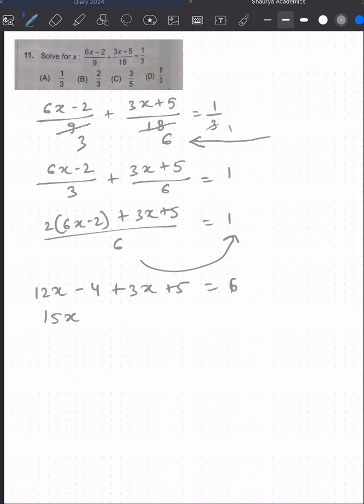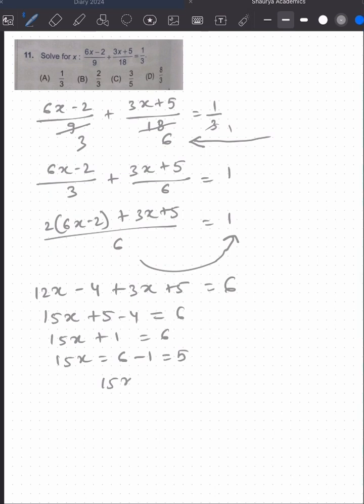The 6 we sent to the other side. So 15x plus 5 minus 4 is equal to 6. 15x plus 1 is equal to 6. 15x is equal to 6 minus 1, equal to 5.